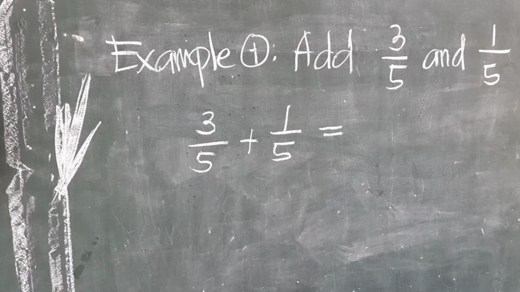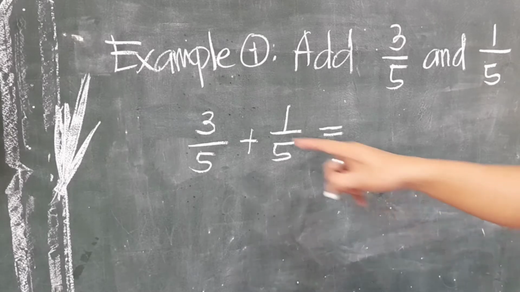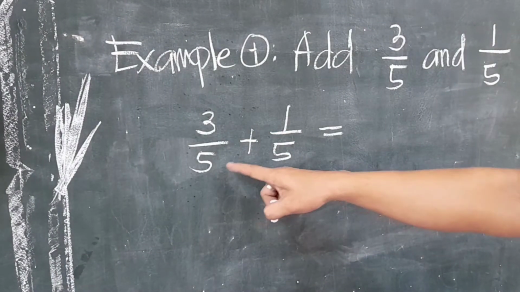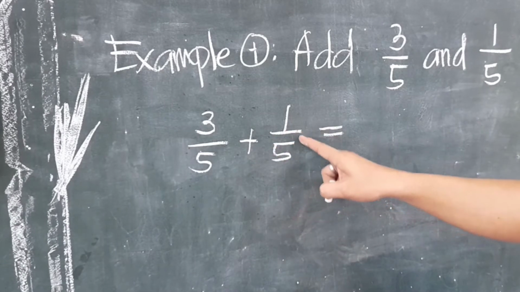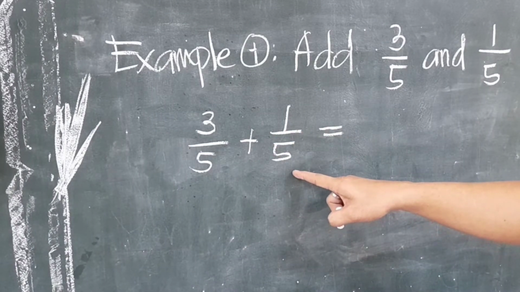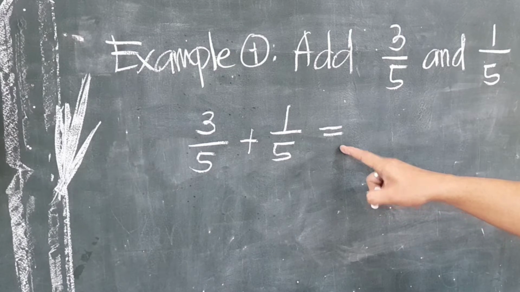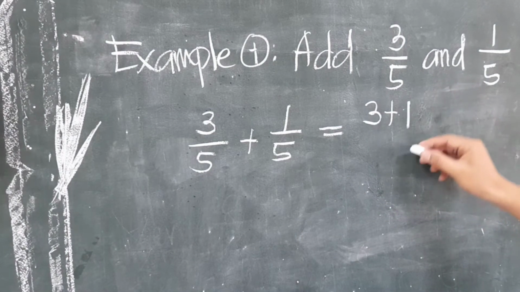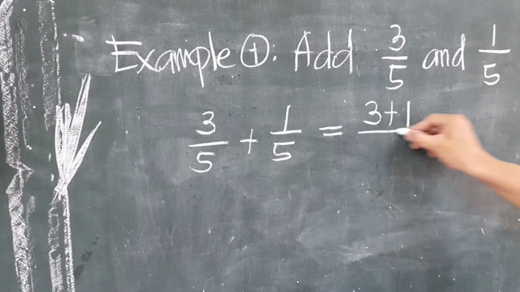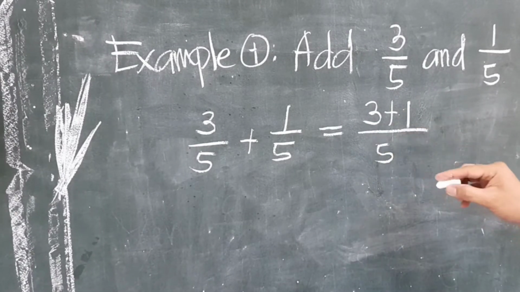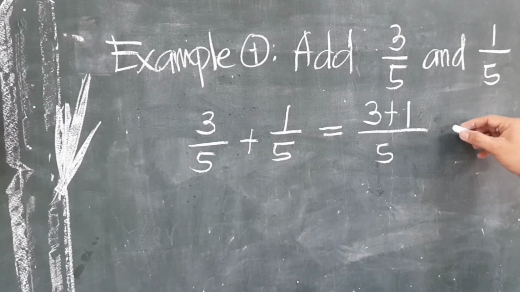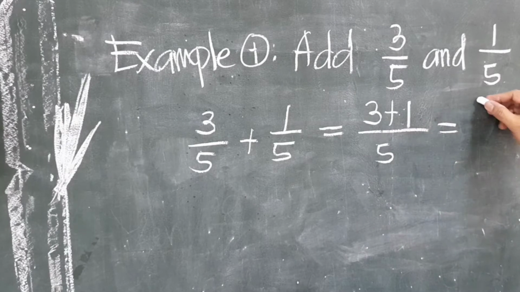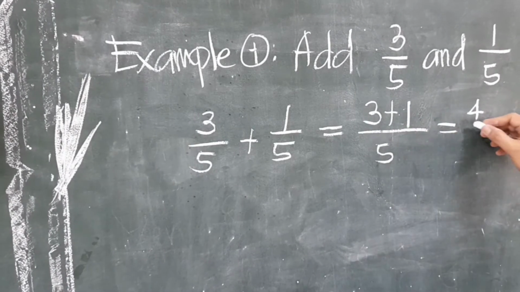We need to write it in the form 3 over 5 plus 1 over 5 equals 3 plus 1 all over 5. That is, 3 plus 1 equals 4 and carry 5 as the denominator.